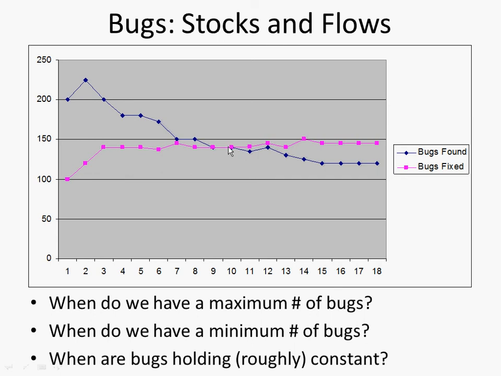Okay, yeah, so all through this time, because it is true that this is decreasing, this is increasing, but the operative thing here, the most important thing here, and I expect you to understand this for pop quizzes or exams, is that the number of bugs found per week exceeds the number of bugs fixed per week. So you've got more coming in than are going out. The rate of them coming in is greater than the rate going out.